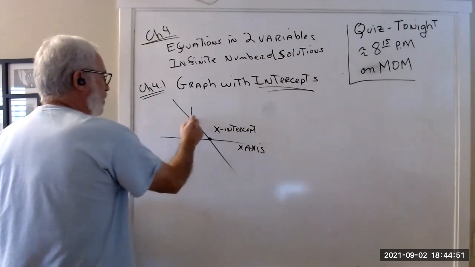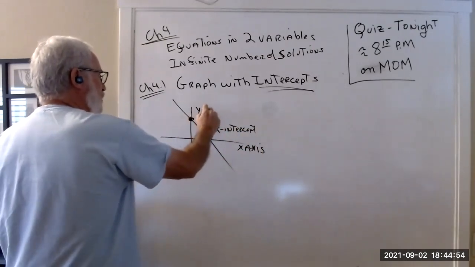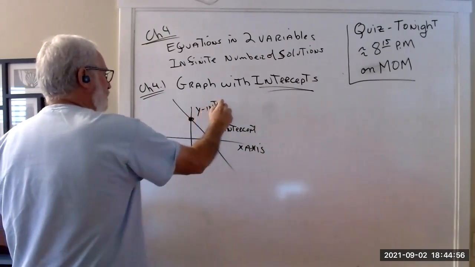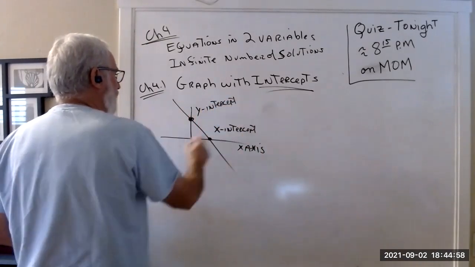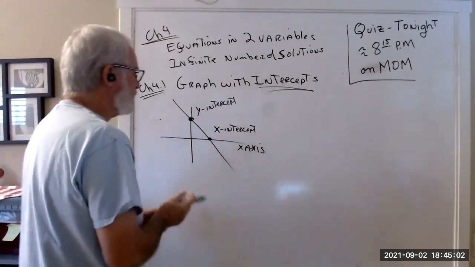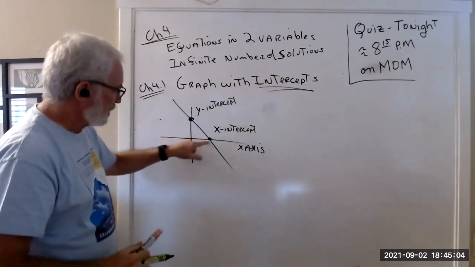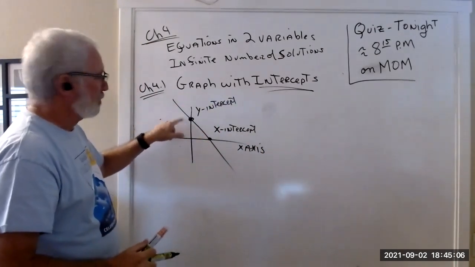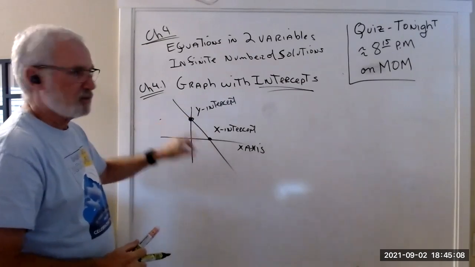And this point here is called the y-intercept because it crosses the y-axis. So the x-intercept crosses the x-axis, the y-intercept crosses the y-axis. All right.